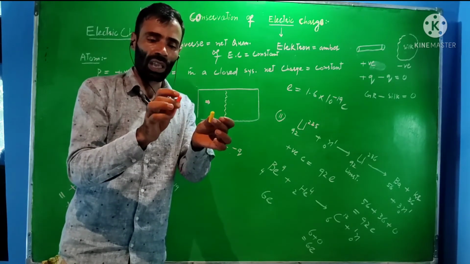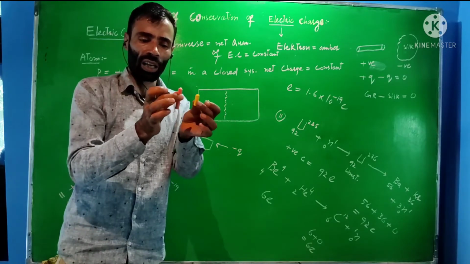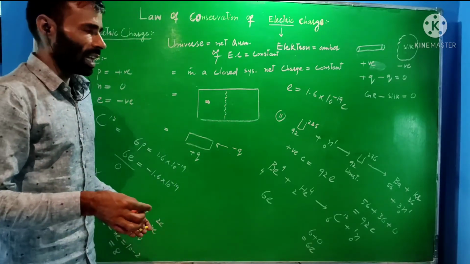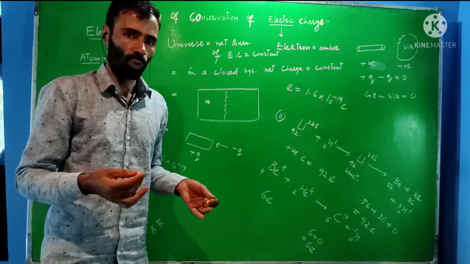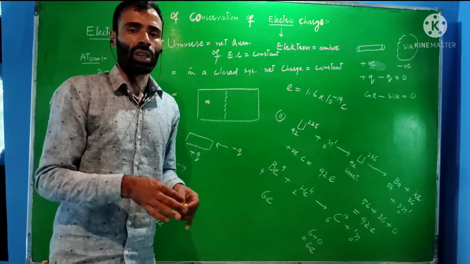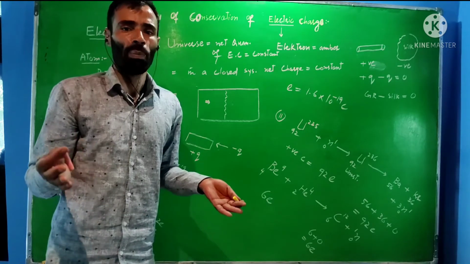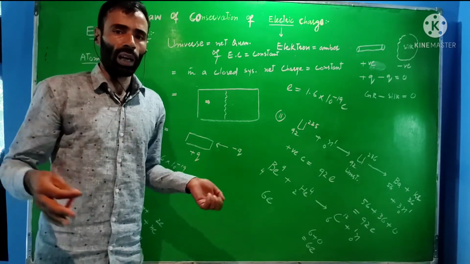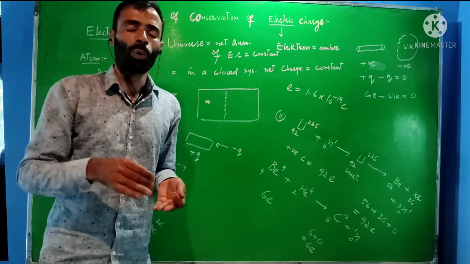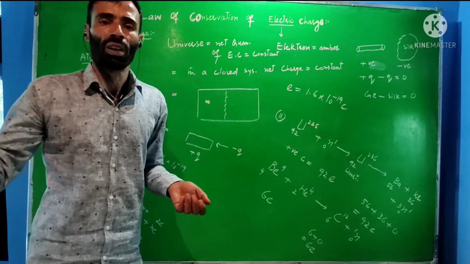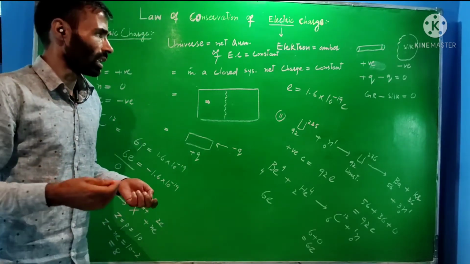Overall, if we sum this plus this, it is again neutral. In a similar way, as per our experience, we know the net charge in the universe may be 0. So if in any part of the universe charge appears, then the same amount of charge disappears in some other part.